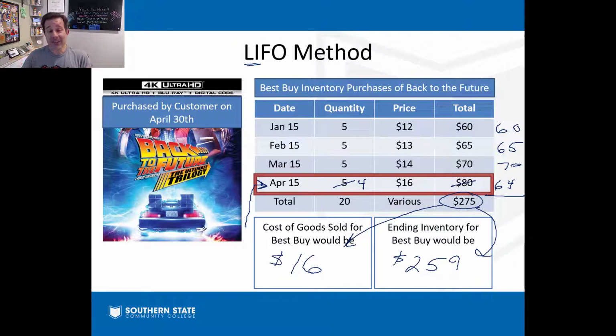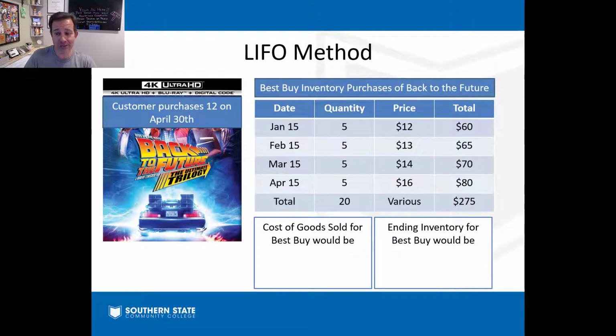Let's go back to the example where the customer comes in and buys 12. How does that work under LIFO? Exact same idea that we saw in FIFO, only now we're going last in, first out. So again, we sold 12. So all 5 of these are going to go away. And we need 2 more from that February group, don't we?